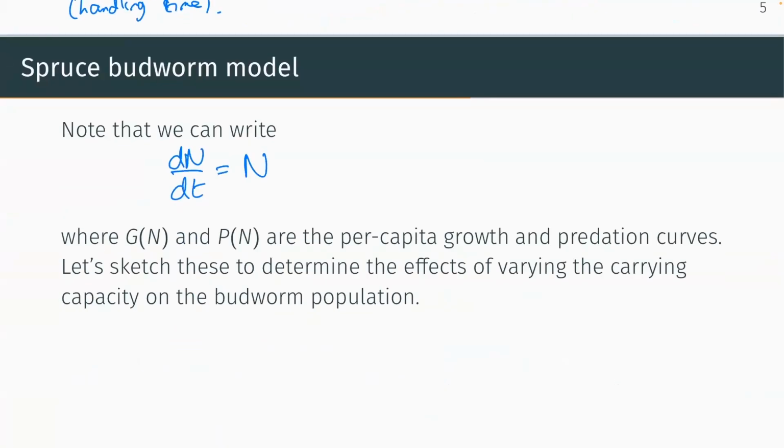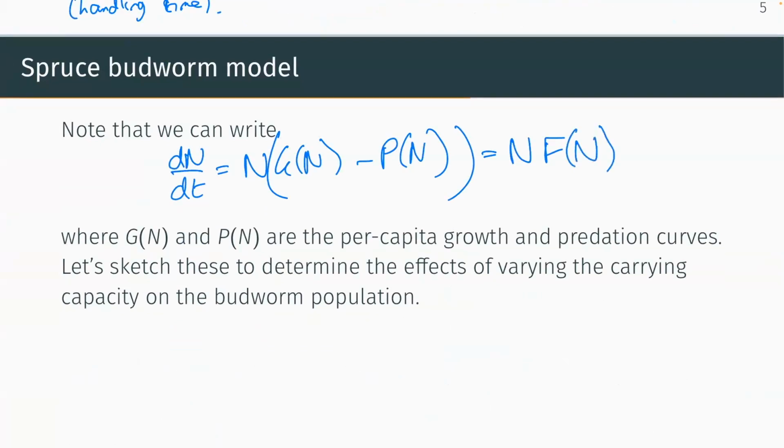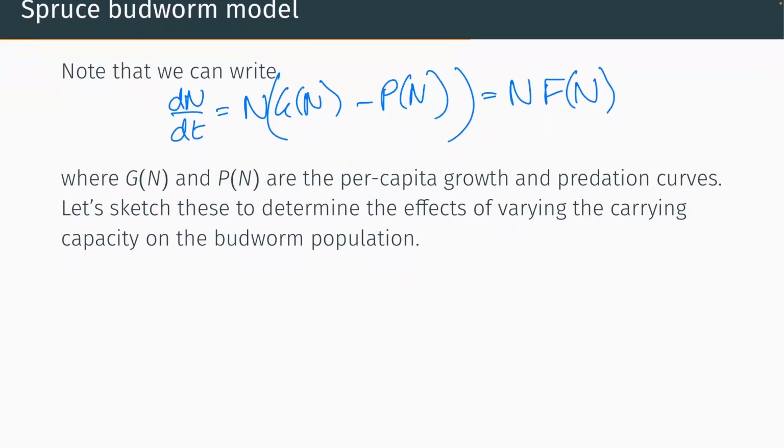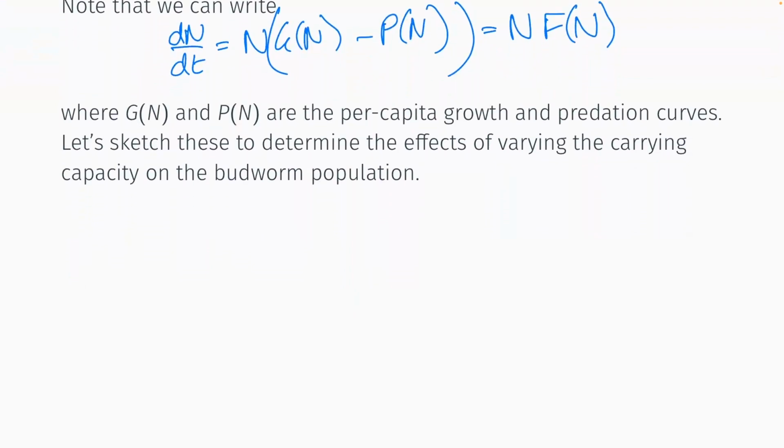If I take out a factor of n, I'm going to define new functions, capital G of n and capital P, just so I can write these as per capita growth and predation rates. It makes the analysis a little bit simpler because it's slightly easier to draw these curves. The logistic per capita growth rate is going to be linear, and it makes the other one a little bit easier as well.